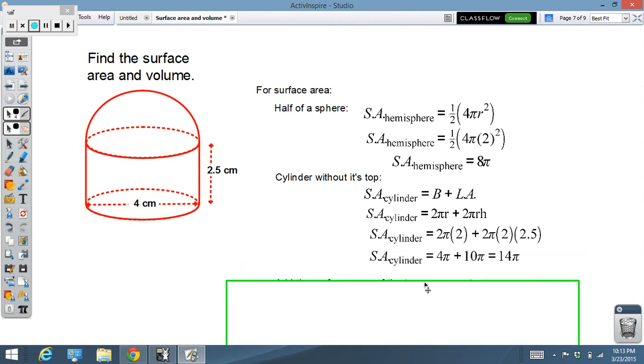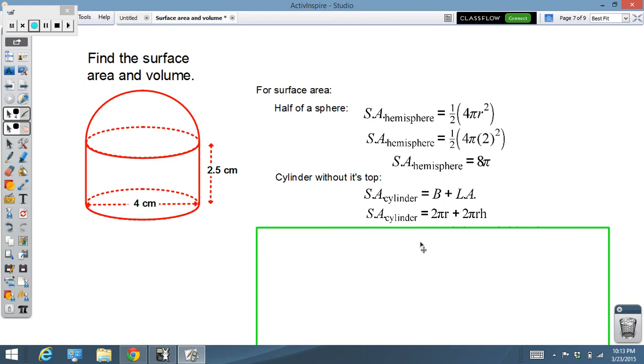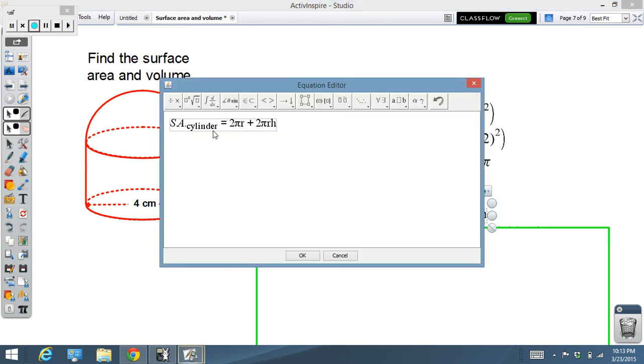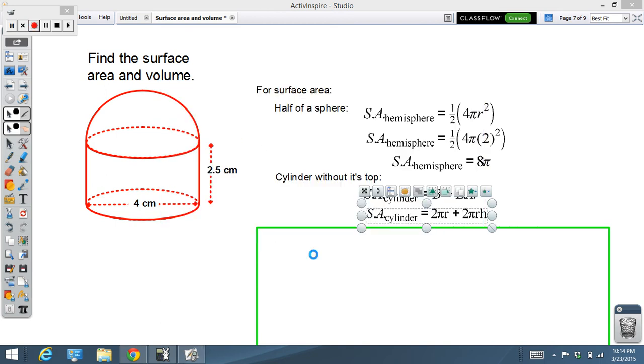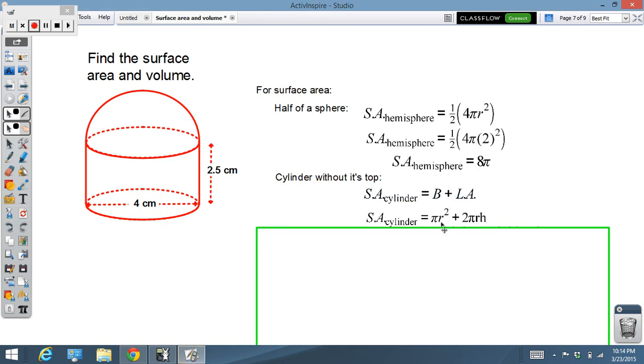I must have forgotten to save it. So, let's make this change here real fast. That is incorrect. The area needs to read pi r squared, right? So a base is pi r squared.